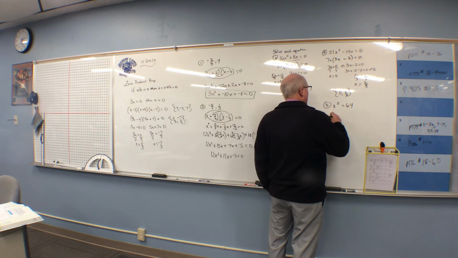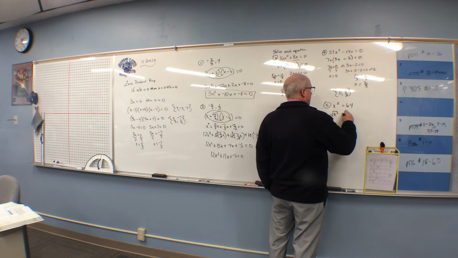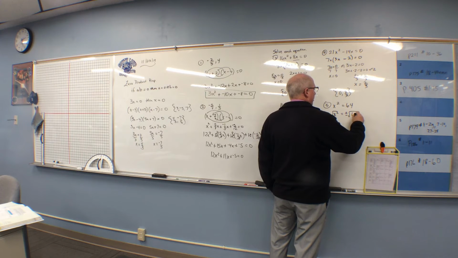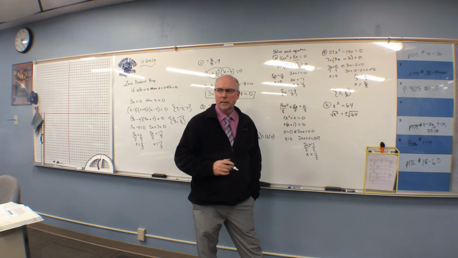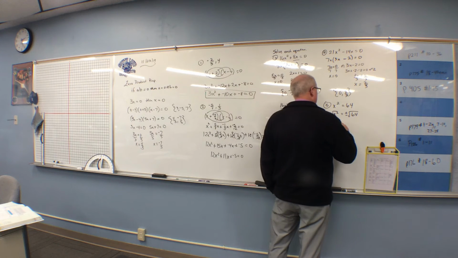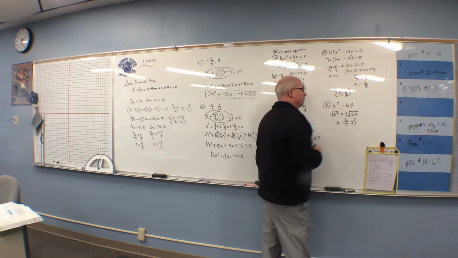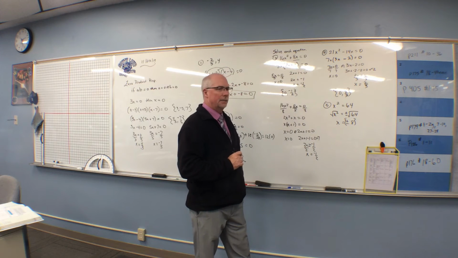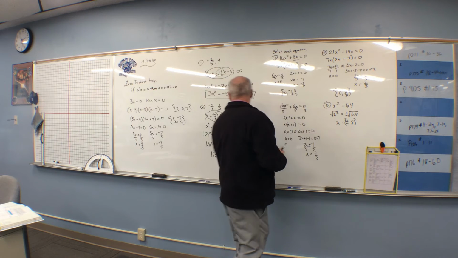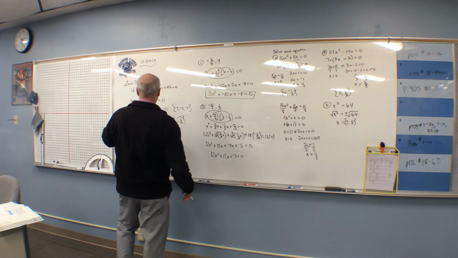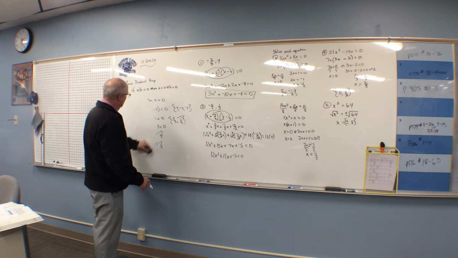Just remember that when you take the square root of both sides, this side is plus or minus. You remember that? And so what I get is x equals plus or minus 8. Does that make sense? I'm going to leave the zero product property up, just so we remember it.